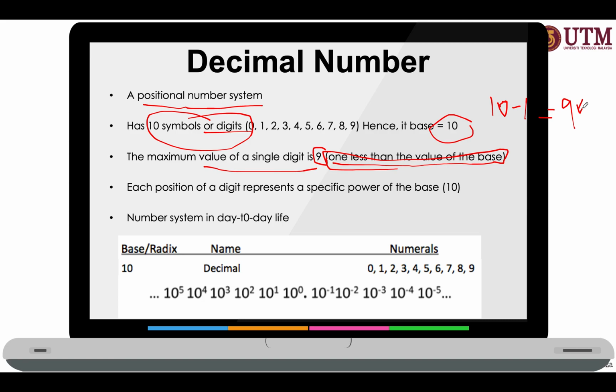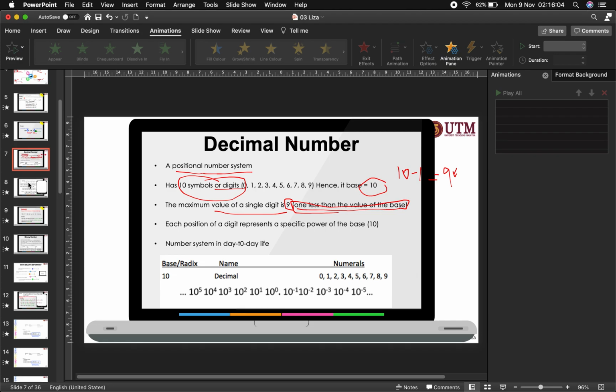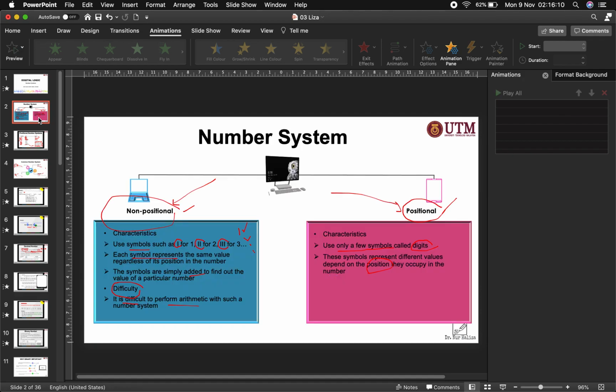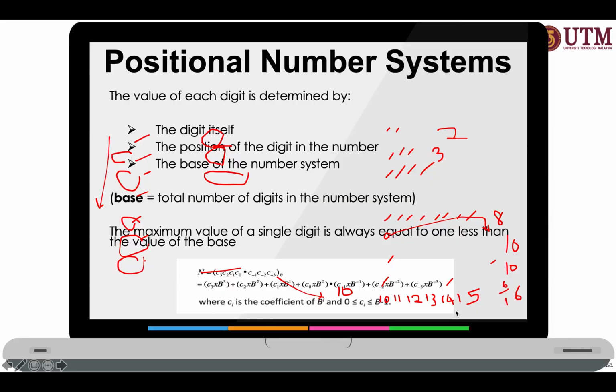If you look into our main slide over here, in this slide you can see it mentions that the maximum value of a single digit is always equal to one less than the value of the base.